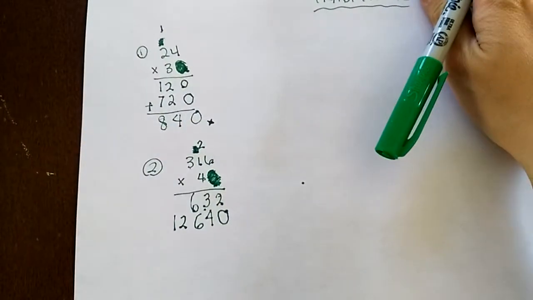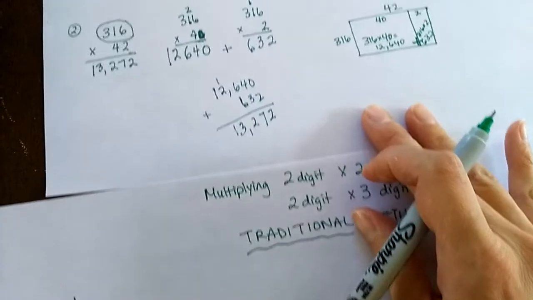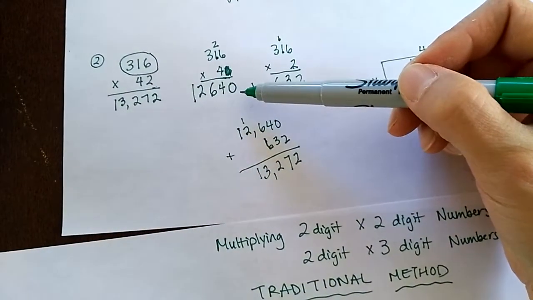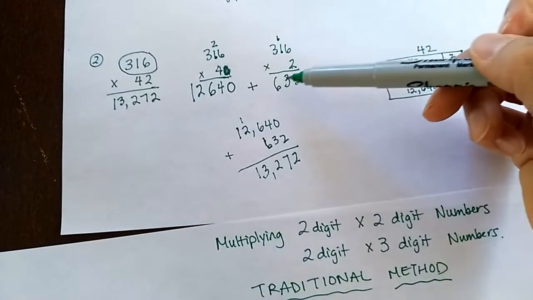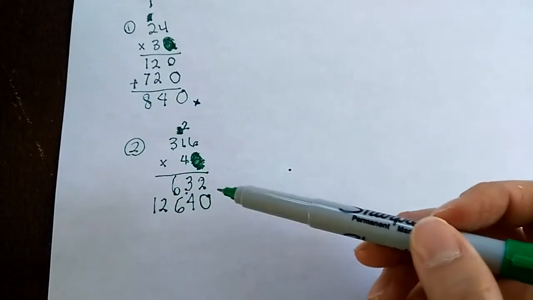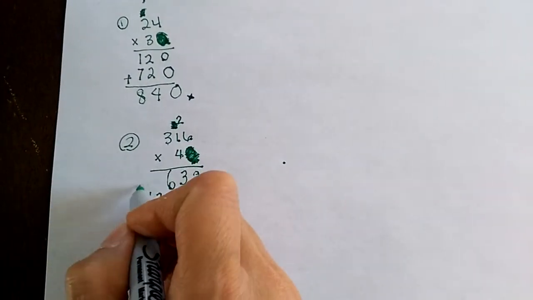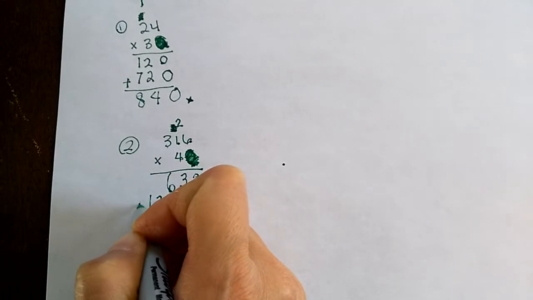So just like before, when I had 316 times 40 is 12,640, and 316 times 2 is 632, I have the same exact thing. It's just written one right after the other. And then I have to add them together.